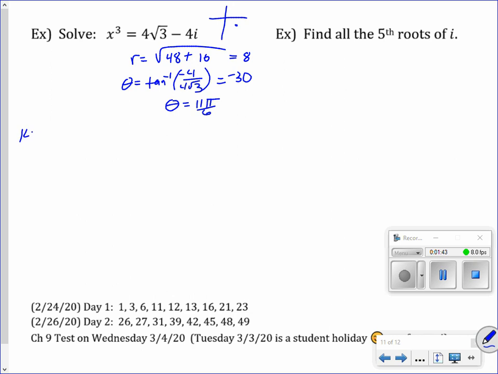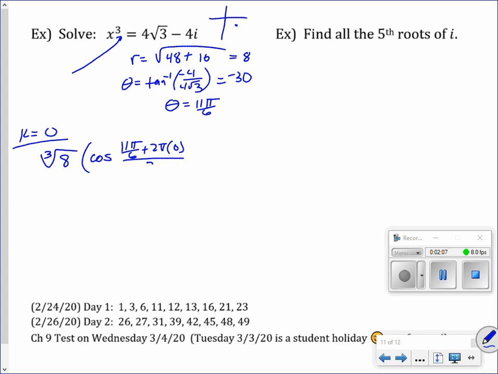All right, so let's start off with k equals 0. I start off with the third root, because I'm finding 3 roots. The third root of r, well, r is 8. Then I have cosine of theta, which is 11 pi over 6, plus 2 pi times k, which is 0 right now, over n.